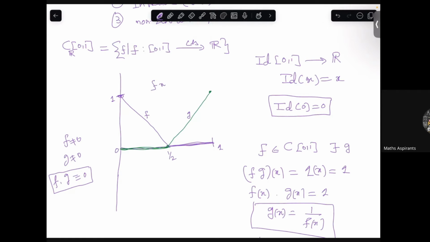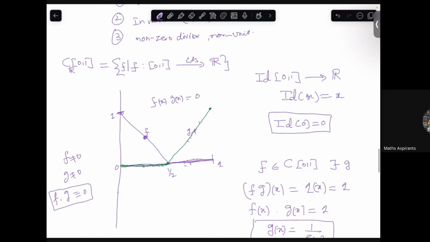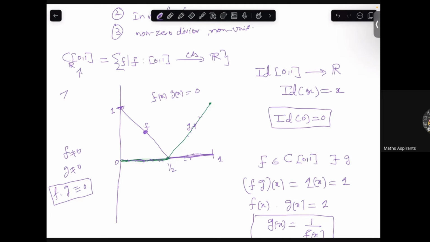So when I take f of x and g of x, f is positive at these points anywhere here, but g is zero. Similarly, g is positive, but f is zero. So they are zero on the complement of each other, including 1 by 2. So f and g are not zero individually, but f dot g is zero, saying that it contains zero divisors.